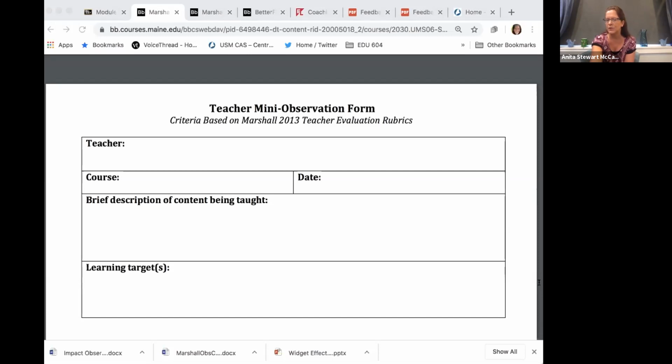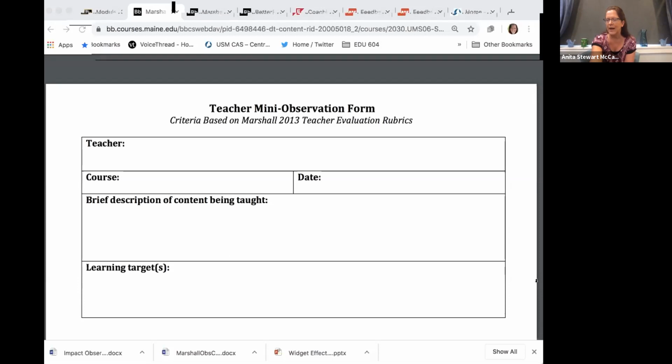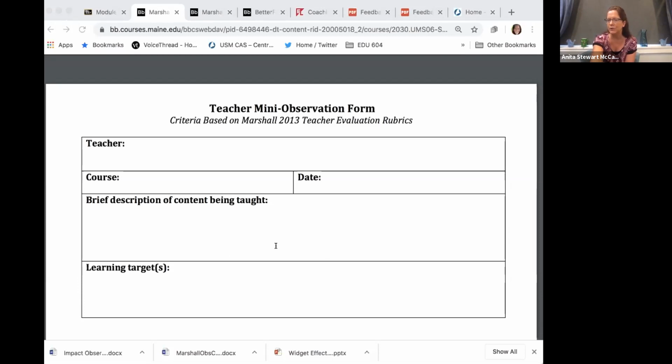So you can see those two pages. And then there's a place to the left where there are stars, so areas of strength that I might notice relative to any of those elements. And then an area to the right, which is the next steps, an area to consider or improve.